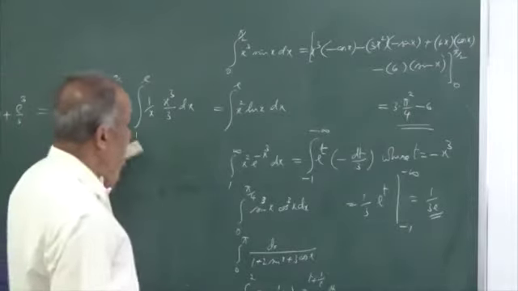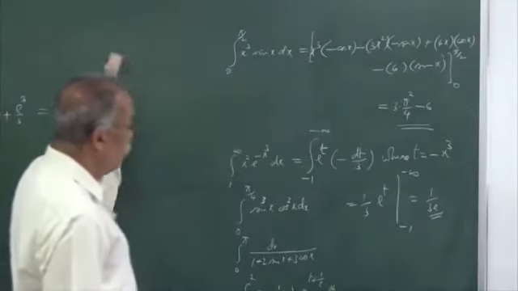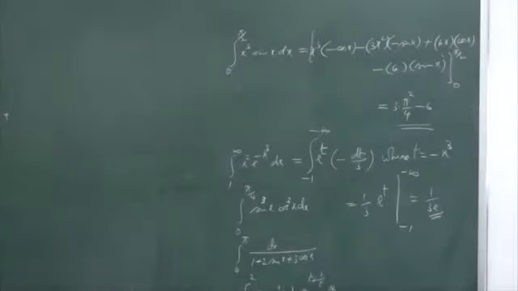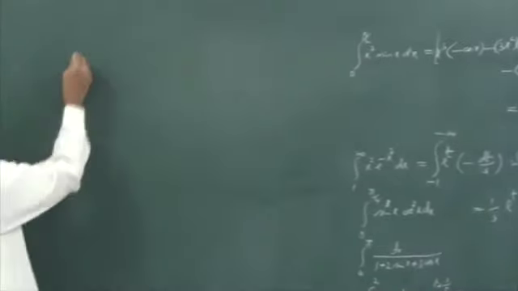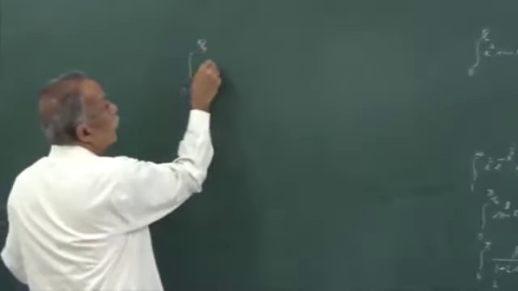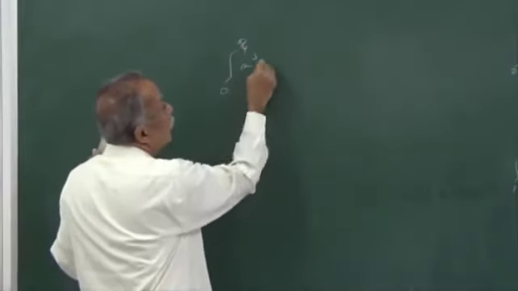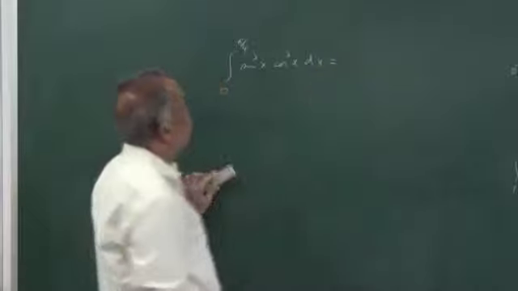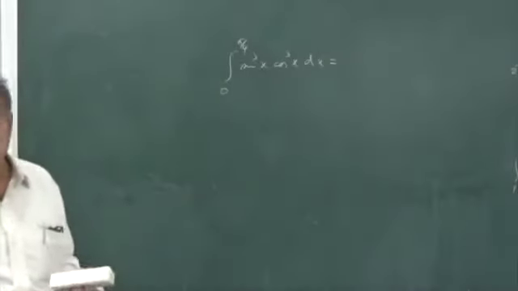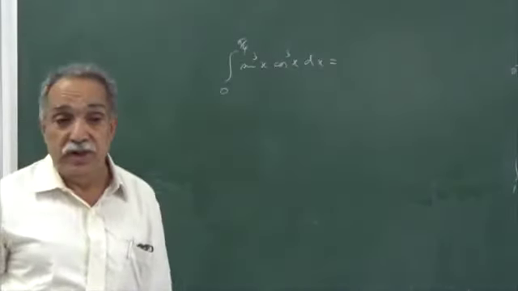Next, integration of sin cube x cos cube x between the limits 0 and pi by 4. One more situation where we have to depend on the method of substitution.